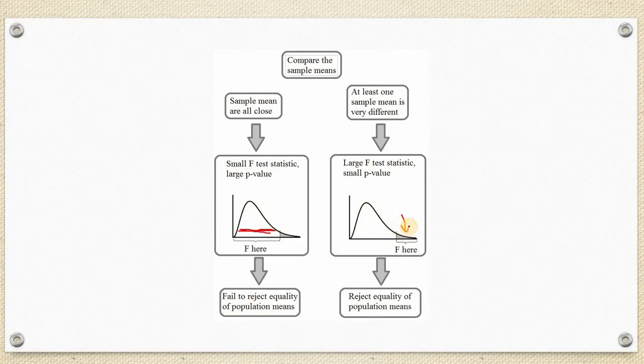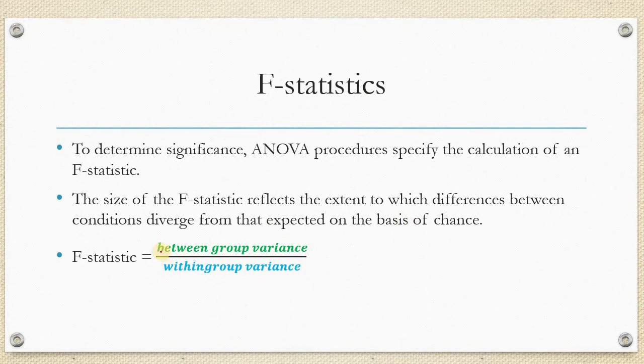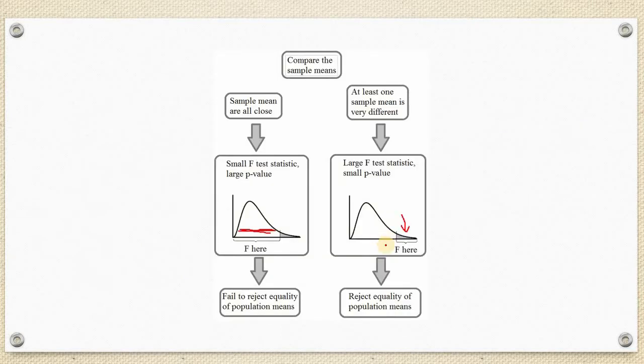That is because, as you know from the last slide, the between group variance is higher, and in that case your p value is very low, and you can reject the null hypothesis in order to accept your HA, which is the opposite of the null hypothesis.